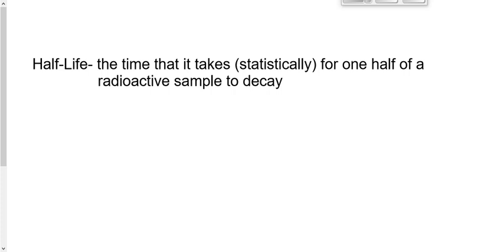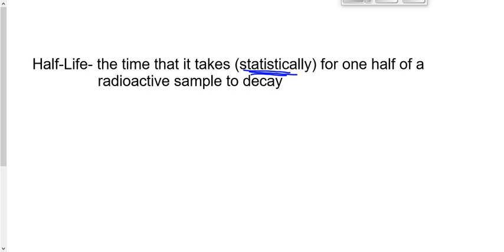But if we have 1,000 coins and we flip them 1,000 times, then we're going to end up pretty close to 50-50 heads and tails, right? With a bigger sample size, the statistics work. So whenever we're analyzing radioactive decay, nuclear decay, we've got to make sure that we're dealing with big sample sizes so that the statistics work.